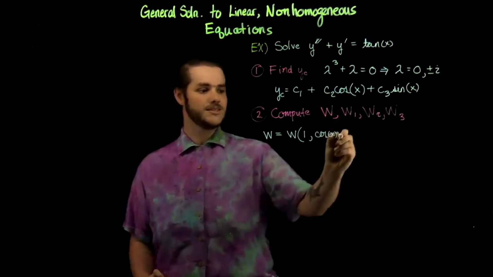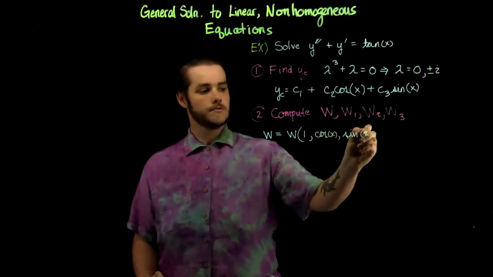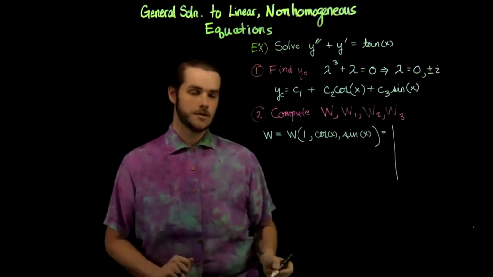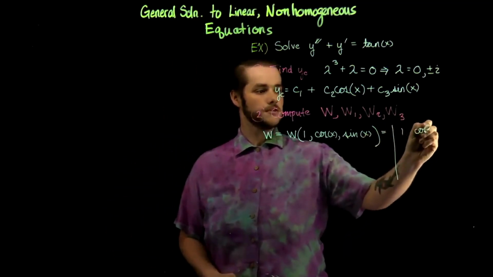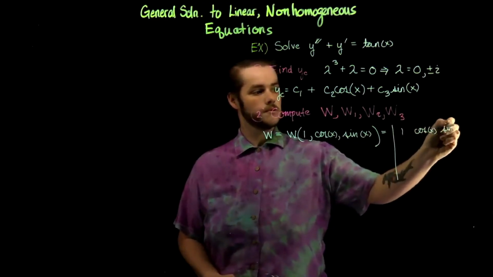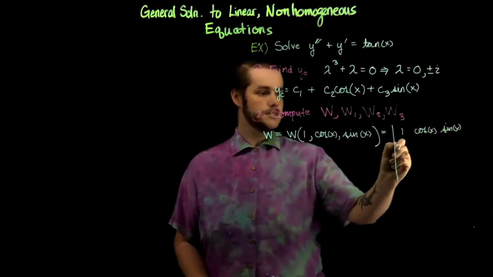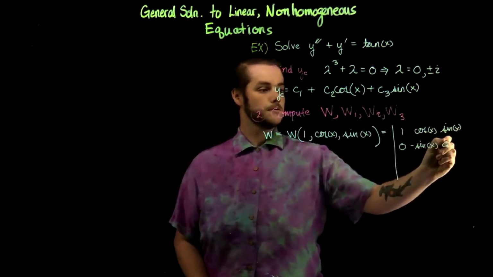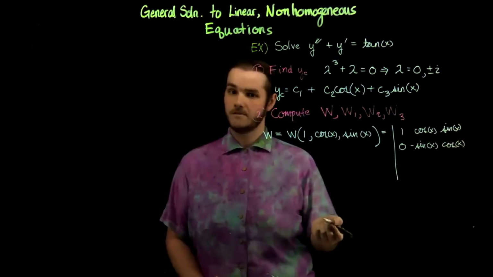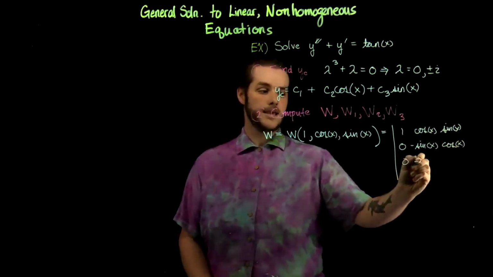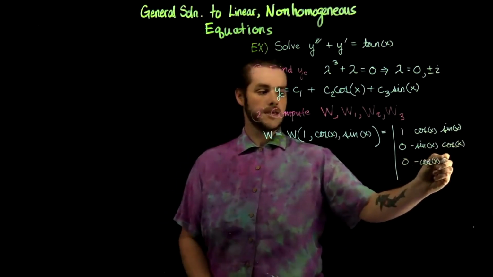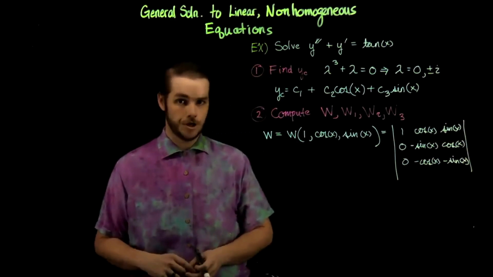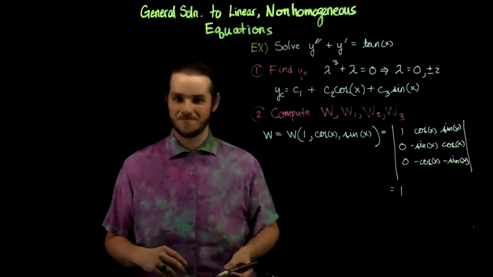I've got c3 times sine. This gives me the 3 by 3 determinant: 1, cosine of x, sine of x. Take derivatives: 0, negative sine of x, cosine of x. Take derivatives again: 0, negative cosine of x, negative sine of x. And wouldn't you know it, that's 1.